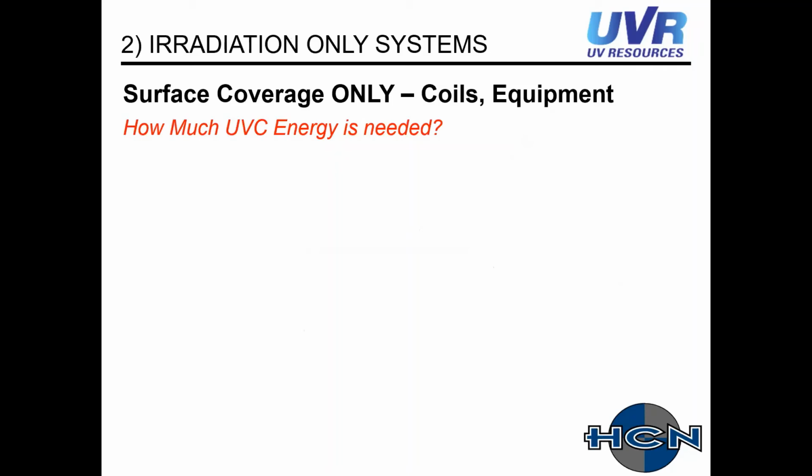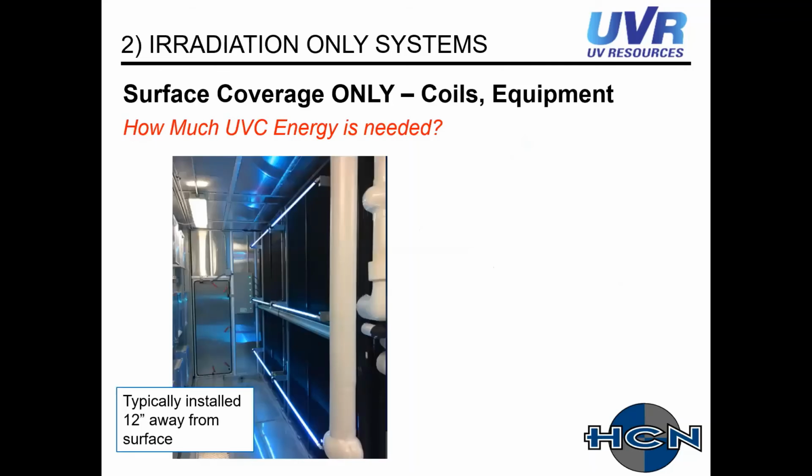All right. So now we're going to go to surface coverage with your coils and equipment, and how much UVC energy is needed. This is a typical installation. Typically, the lights are installed approximately 12 inches away from the surface. And due to longer exposure times, you're going to need less UVC output, right?